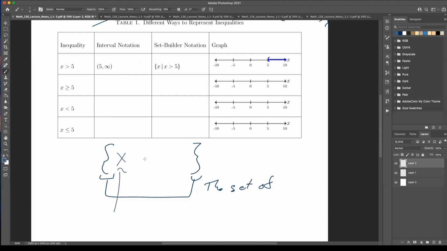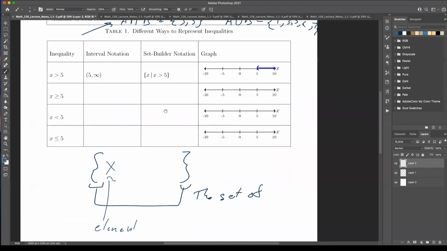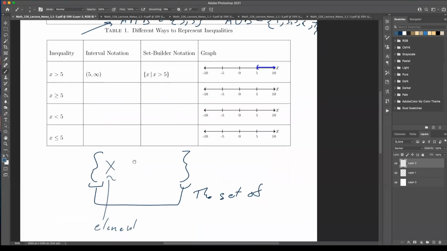Here, this is the element. And so here, our elements are 1, 2, 3, 4, 5. Here we're going to say the element X. This line here, I'm going to do that in a different color, dark brown.